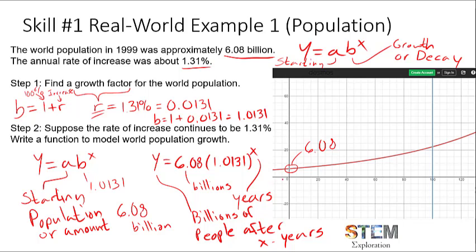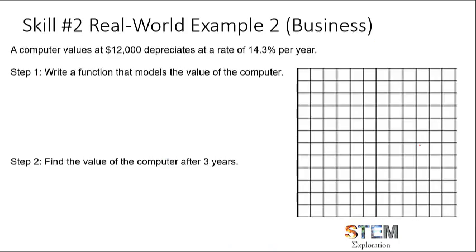And let's say after 100 years, with the 1.31% increase, we would have close to 22 billion people in our population after the given amount of time. So it can be a really useful way to extrapolate some predictions and to take into account a growth factor if the growth factor stays consistent.